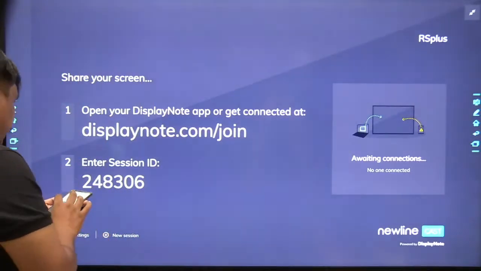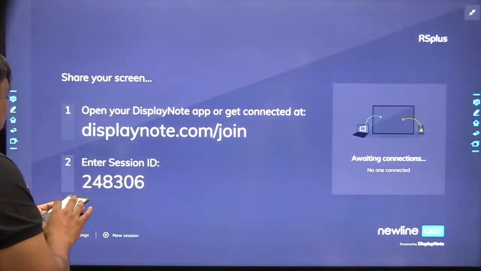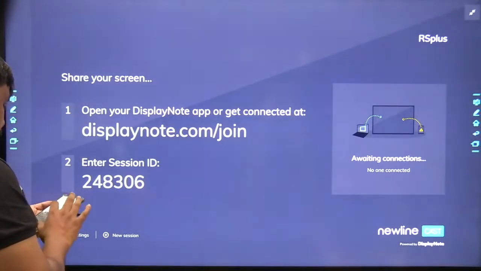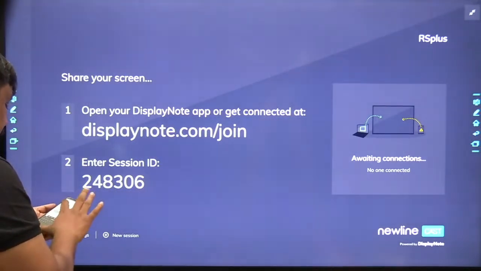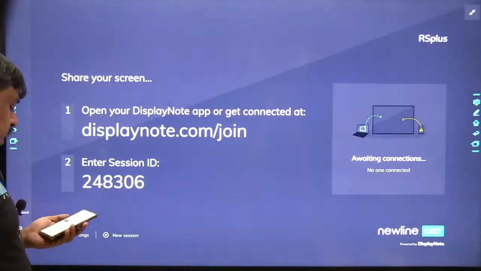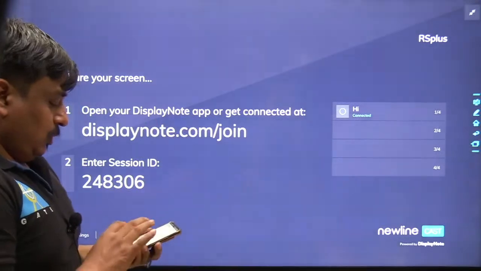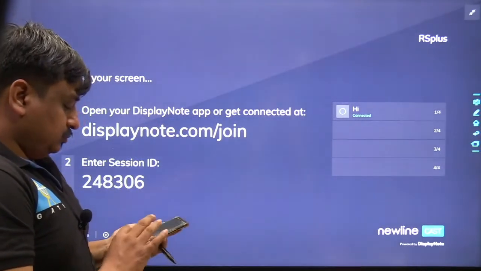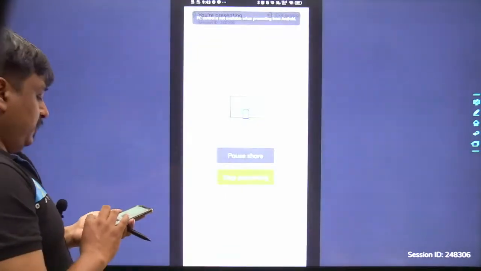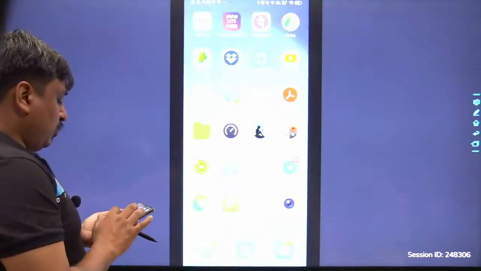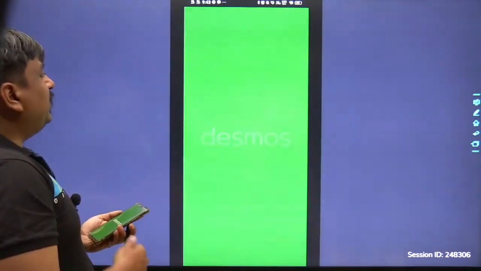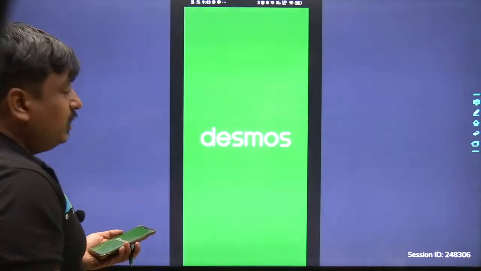Let me enter the session ID, 24838306. Let me present my mobile over here. So the curve which we have to draw here is e to the power of minus 1 divided by mod of x.